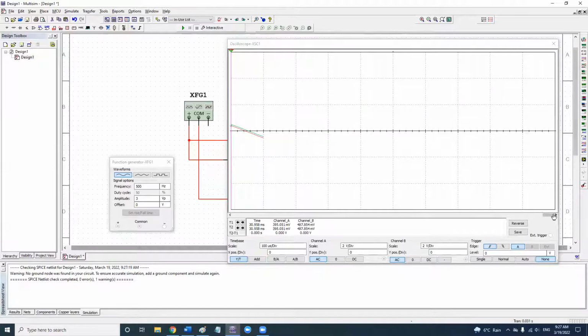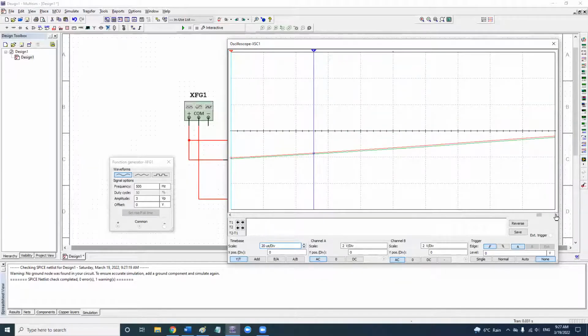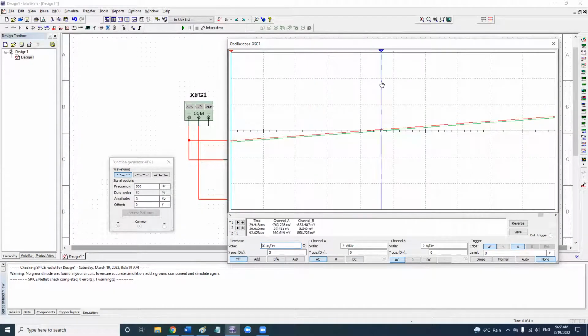So the sine wave is between this one here. I'm not sure if you guys are able to see it clearly. I change the time scale so you can see this, right over here and here.